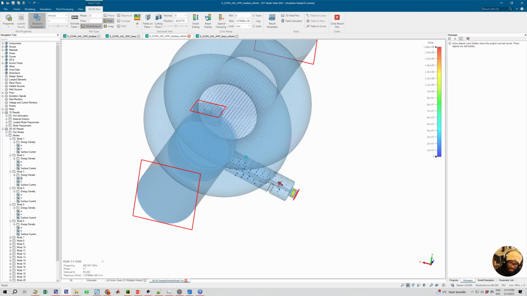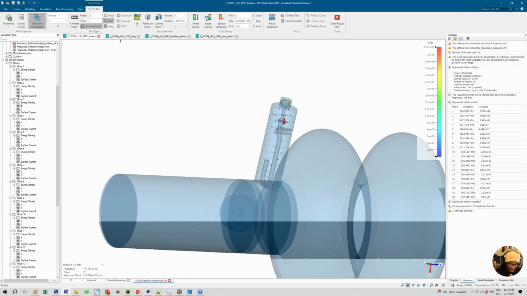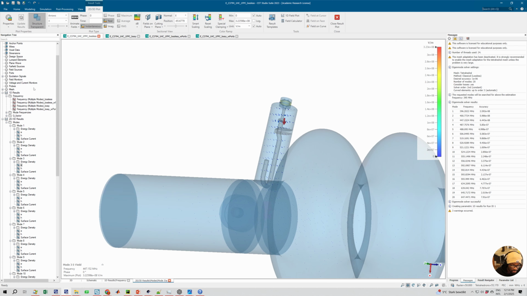Yeah, so you see it's the same mode, but I think what happens is that because there's a port and the mode is free to propagate, you have a large shift in the real part of the frequency. This is what I think might be the case with these modes.